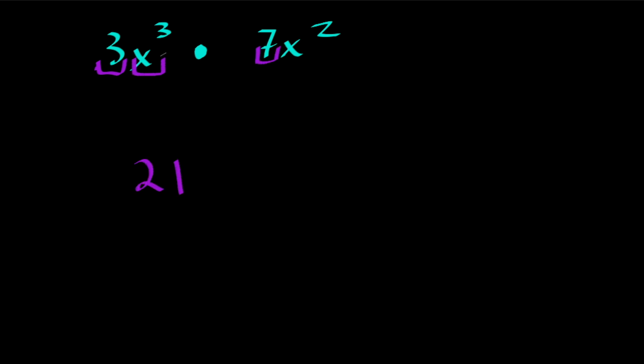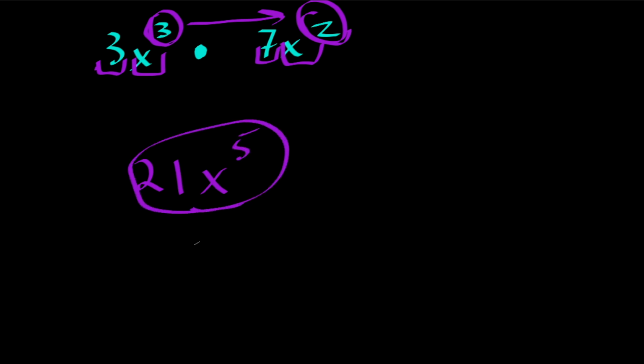Then you multiply the variable, x to the 3rd times x squared. When you multiply variables, you add these two exponents. So x to the 3 plus 2, which is x to the 5th.